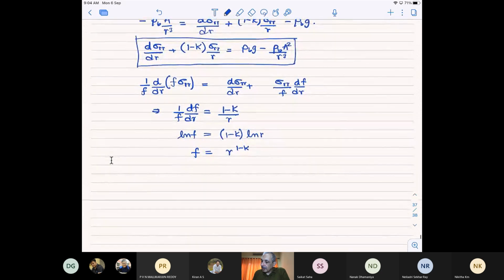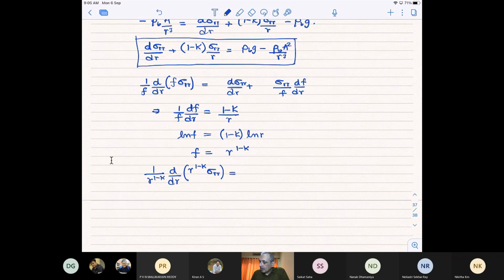So now if we substitute for that, then these two terms can easily be combined. And what you will get is 1 upon r raised to the power of 1 minus k d by dr of, so this is f times that, so it's r to the power 1 minus k times sigma rr is equal to rho b g minus rho b into a squared divided by r cubed.